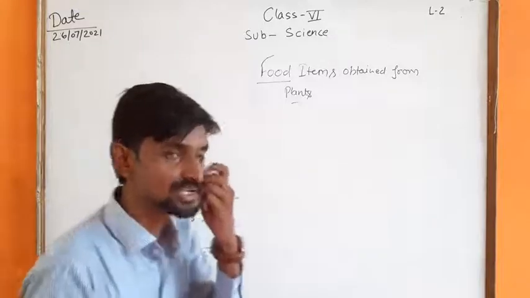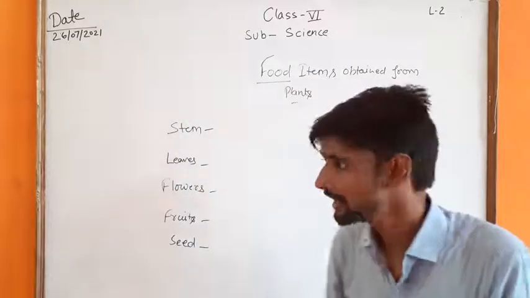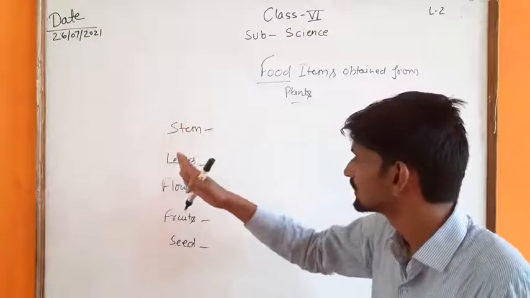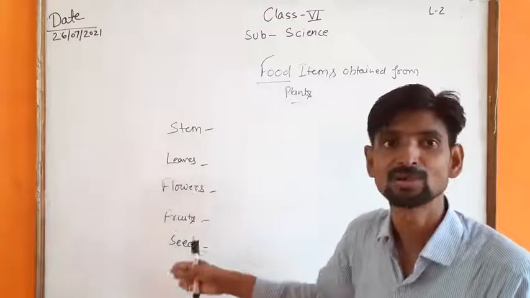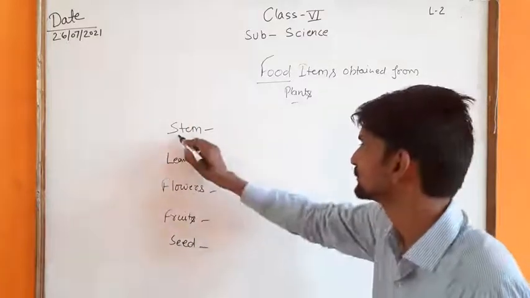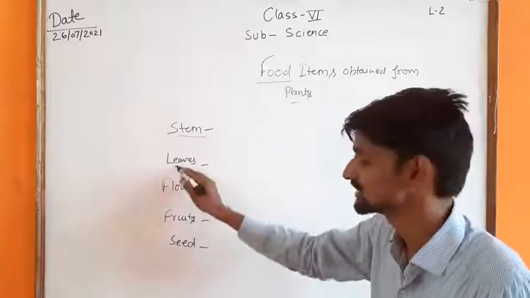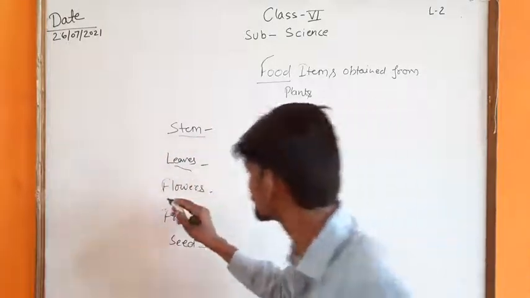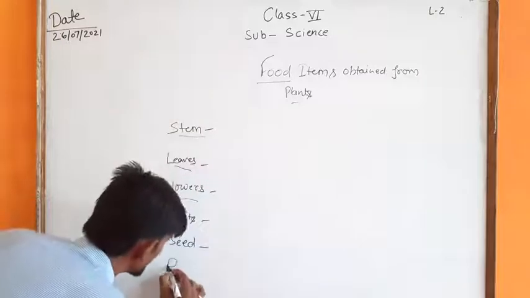These are the major parts of plants, and we use all parts of the plant as food. We use the stem, the leaves, the flowers, and there is the root also.